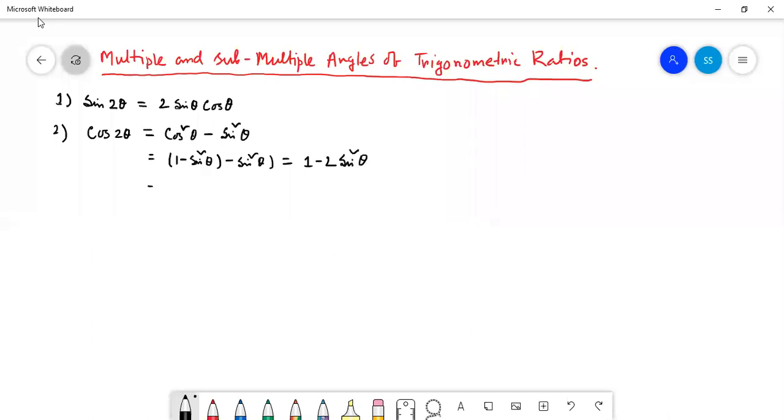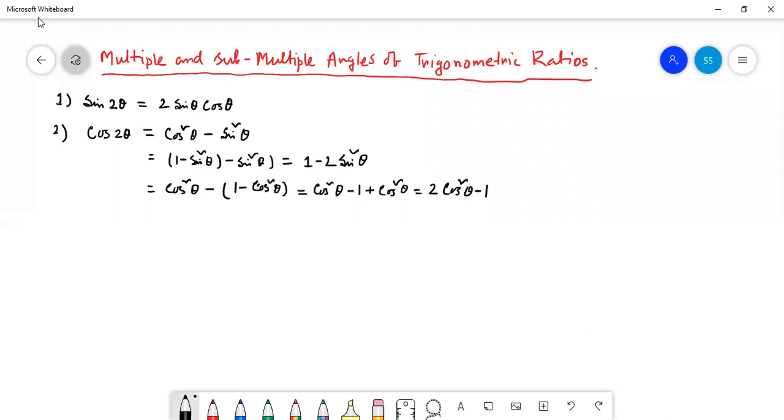Otherwise, cos square theta remaining unchanged, minus sin square theta can be written as 1 minus cos square theta. Then it will be cos square theta minus 1 plus cos square theta. So from here we can write 2 cos square theta minus 1. So cos 2 theta can be written as either cos square theta minus sin square theta, or 1 minus 2 sin square theta, or 2 cos square theta minus 1.